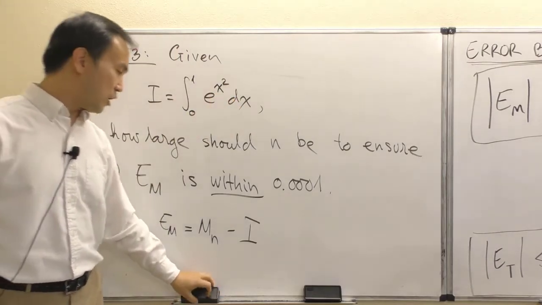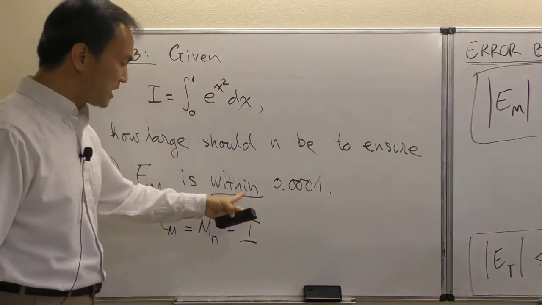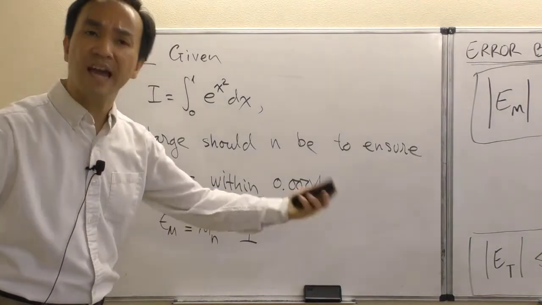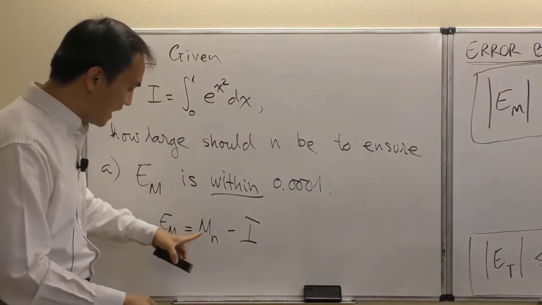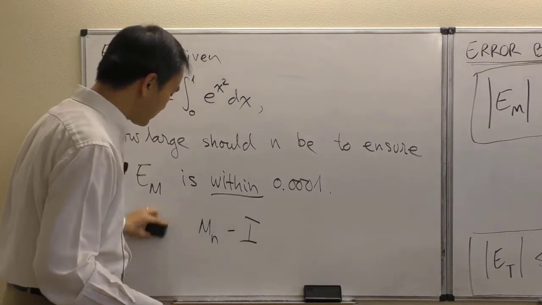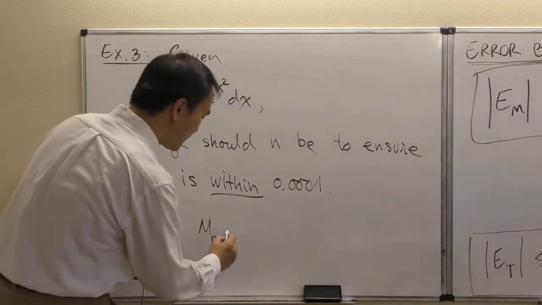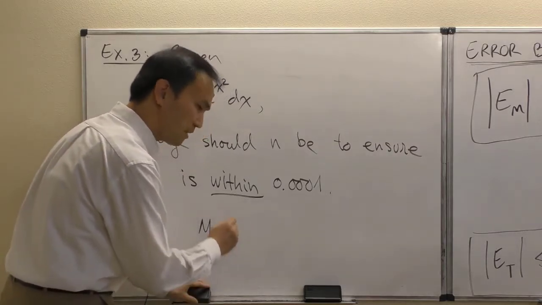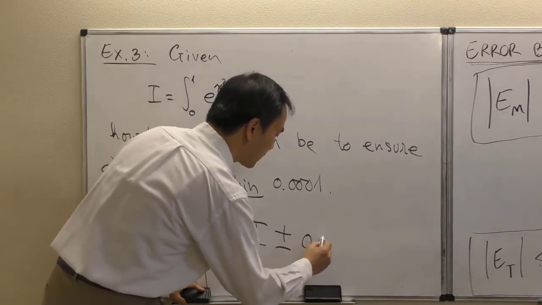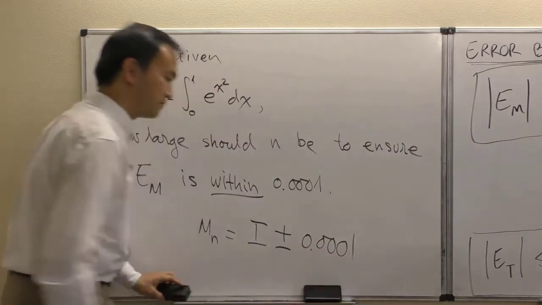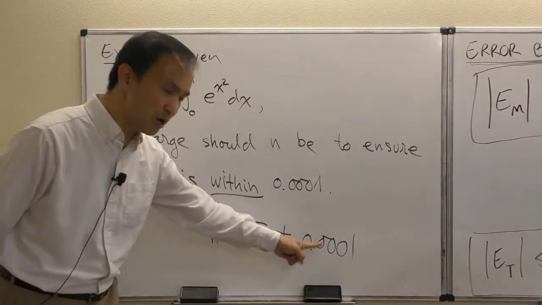So being within 0.0001 means the approximation is anywhere up and down from the real answer by 0.0001. That's what it means for the error to be within 0.0001.